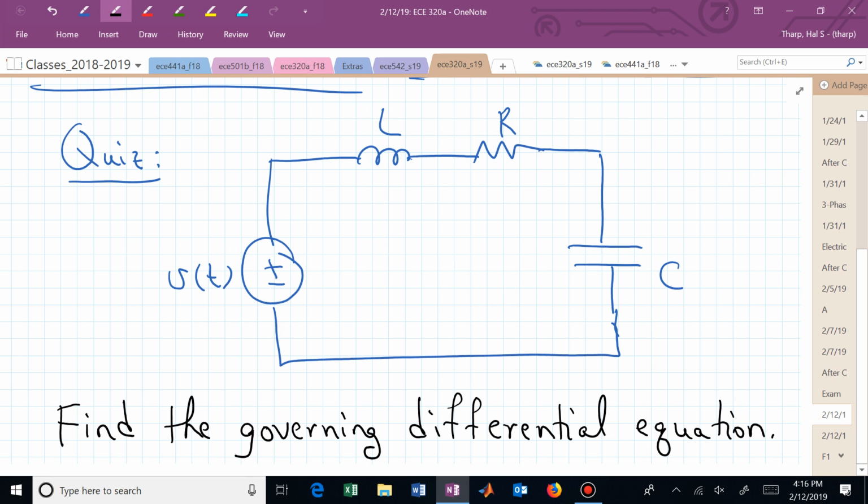And you're trying to think on the fly in real time. How can I keep thinking and showing what I know? What kind of differential equation are you expecting? A first order, a second order, a third order, a fifth order? What kind of differential equation would you expect to come out of this particular circuit? Do we have a clue?